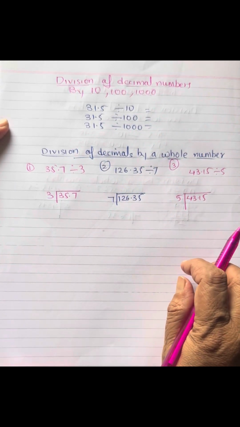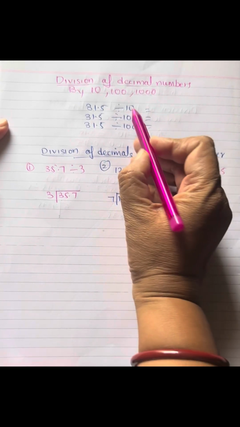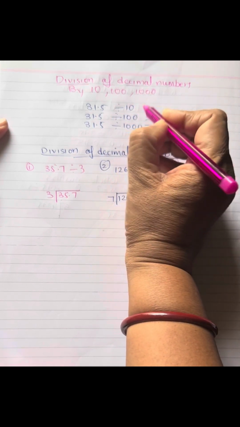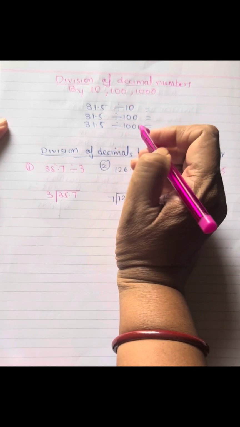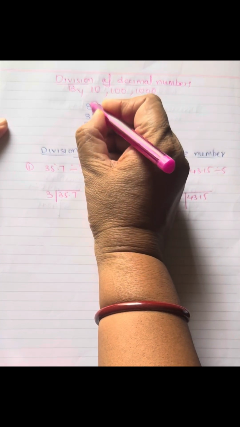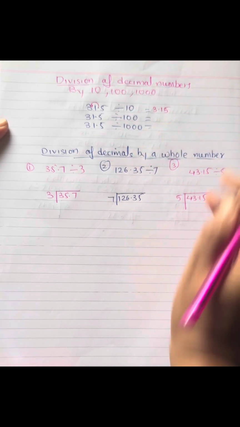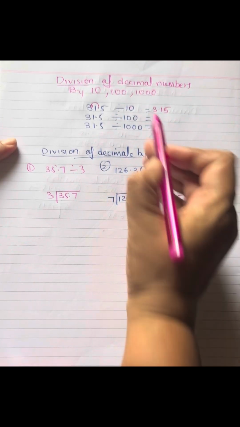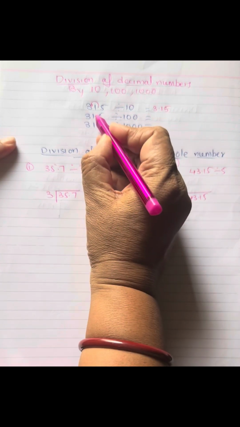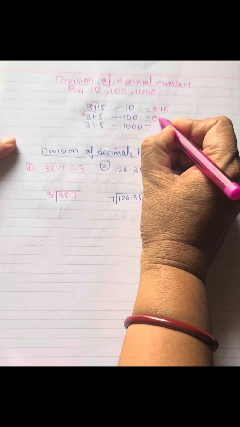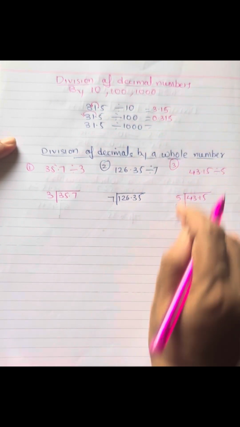Here we will shift the decimal point to the left side, depending upon the number of zeros in the divisor. So dividing by 10 means 1 zero, so 1 jump. So the answer will be 3.15. In the second, you are dividing by 100, so 2 zeros, so 2 jumps. So the answer will be 0.315.